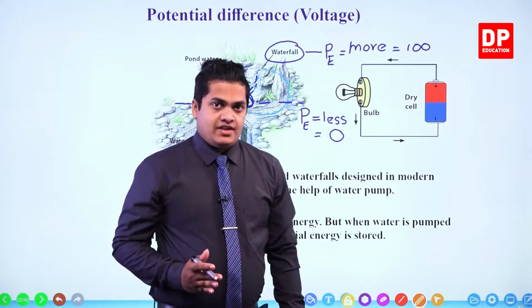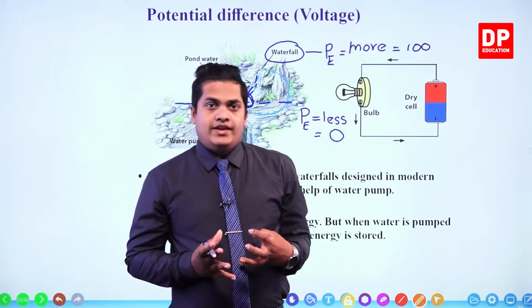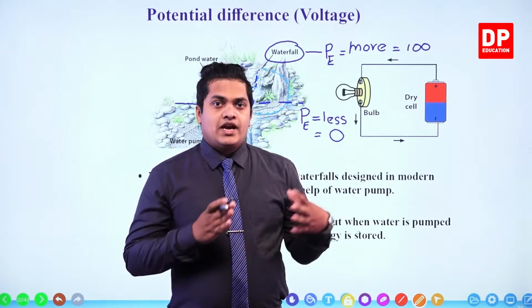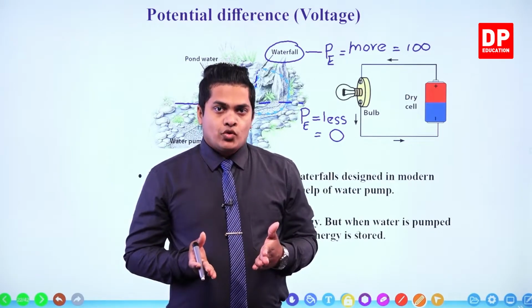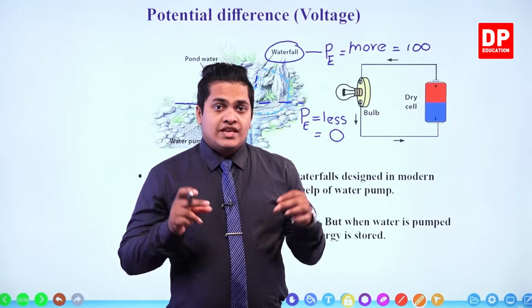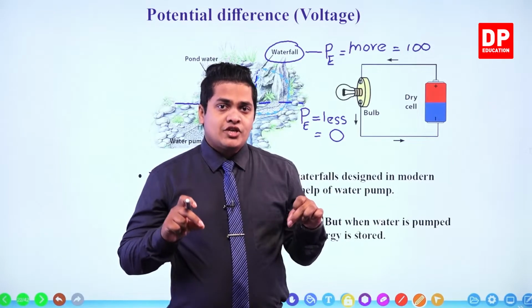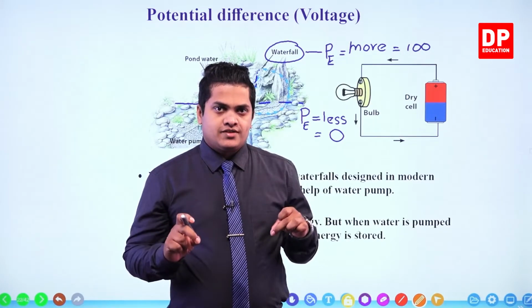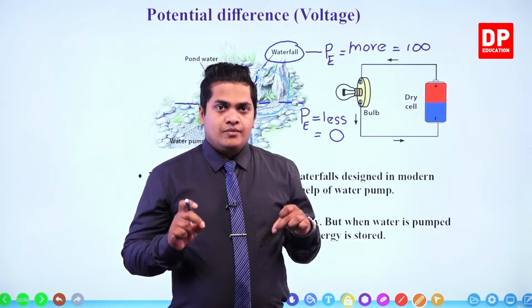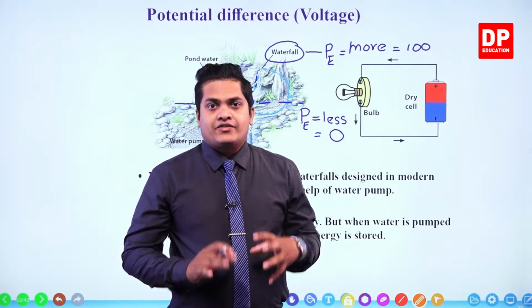In the same way, if you take an electric source, there are two terminals in an electric source. There should be a considerable change between the charges in these two terminals.